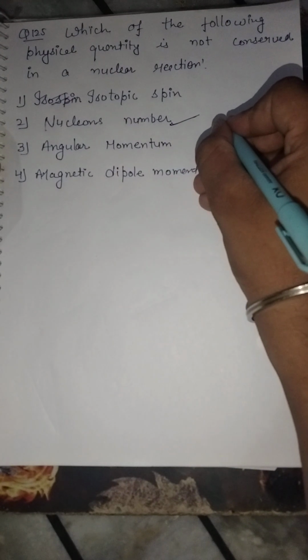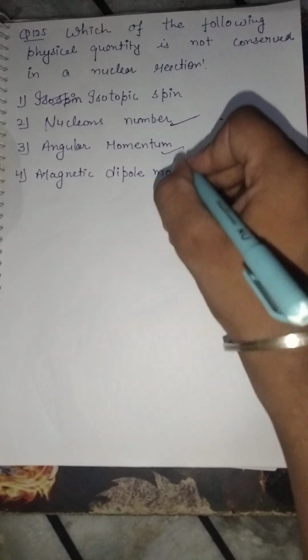Our next question number 125: which of the following physical quantities is not conserved in a nuclear reaction? In a nuclear reaction, the nucleon number is always conserved, and angular momentum or magnetic dipole moment, these three options are always conserved, but isotopic spin is sometimes conserved, sometimes not conserved.